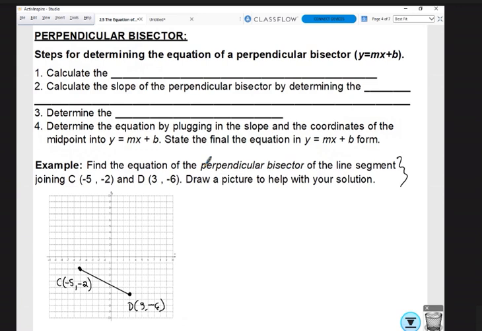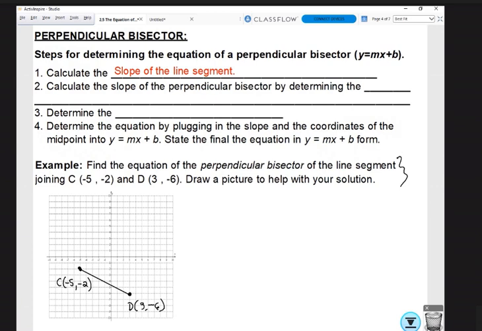So, the first step, actually, this is a funny one because it doesn't really matter where you start, but just for some consistency, the first thing we're going to do here is calculate the slope of this line segment. Does anyone have any idea as to why we might be calculating the slope of this line segment?